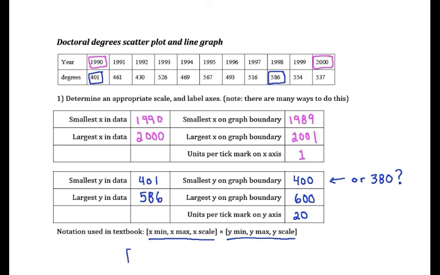We would say we're going from our lowest x of 1989 to our highest x of 2001 by a scale of 1 unit per tick mark, and then by our y min, which is, we used 380 actually, up to 600 by 20. So if you see this kind of notation showing up in a question instruction, this is what it's referring to. It's just telling you what scale to use on your x and y axes.